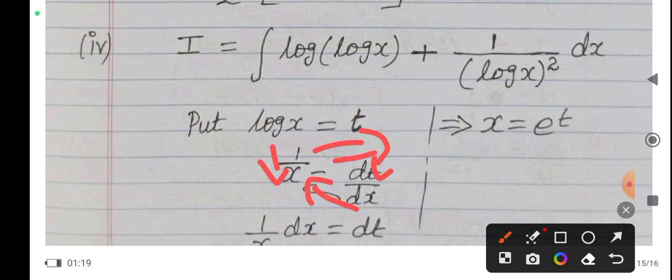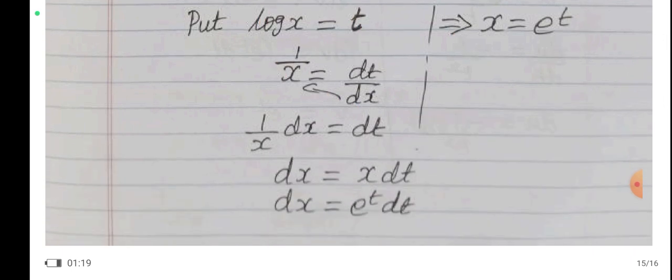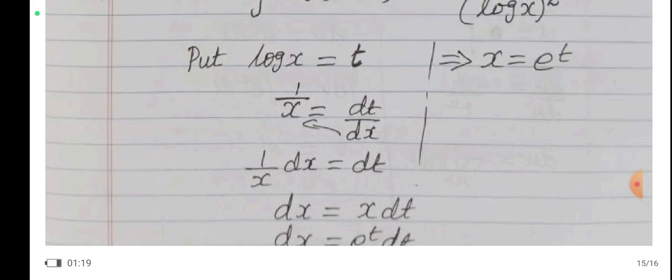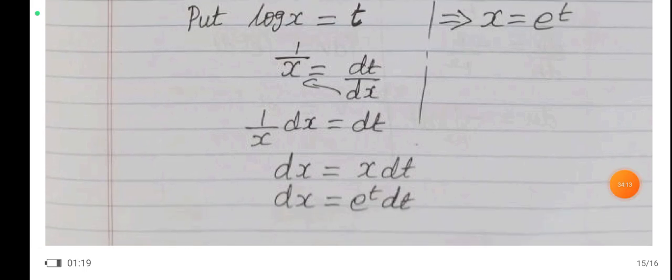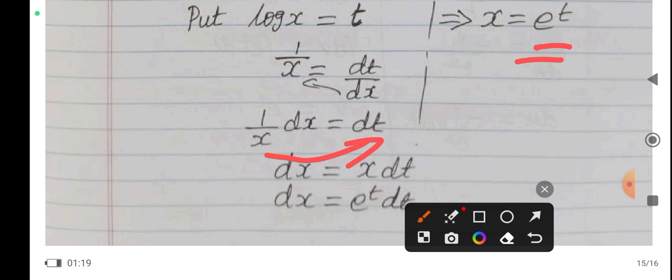Then x, the log goes inside now, so x equals e power t. Dx equals, what is dx? Here, this division x goes inside as a multiplication, so dx equals x dt. The x value we got here, how, sir, x equals e power t?